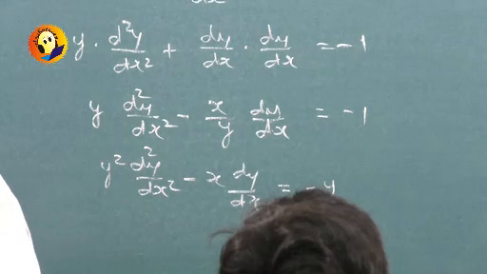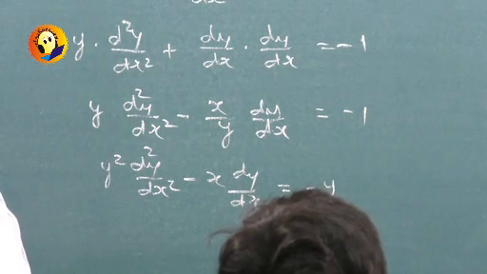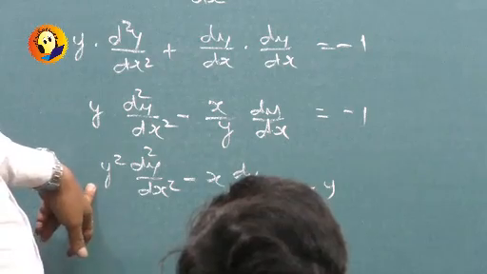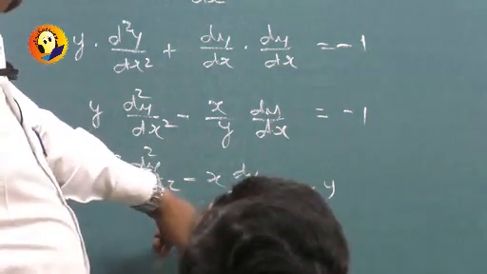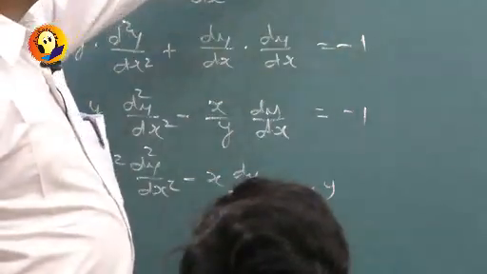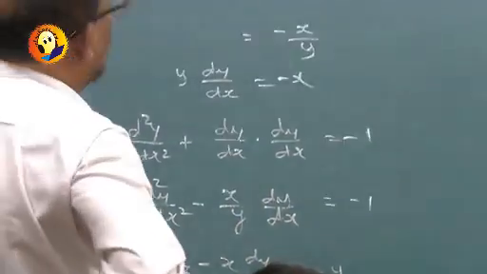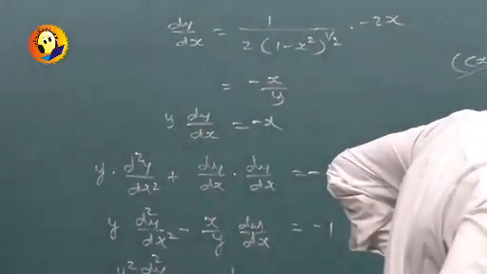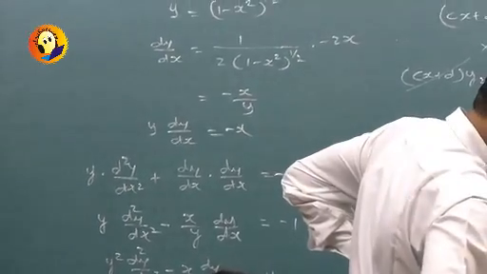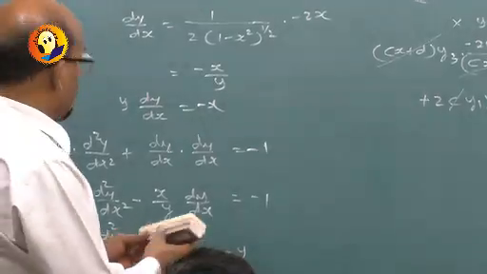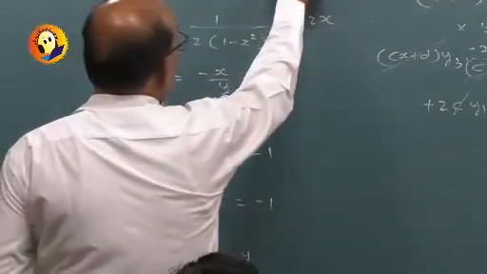Where is 2x gone? Because this term I got, and I am still missing this 2x. What's going on? No, it is his printing mistake. It is only y.